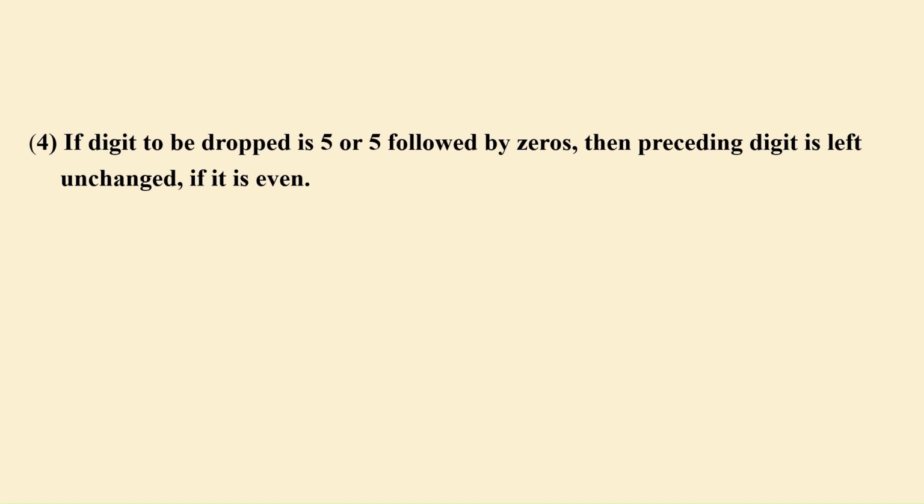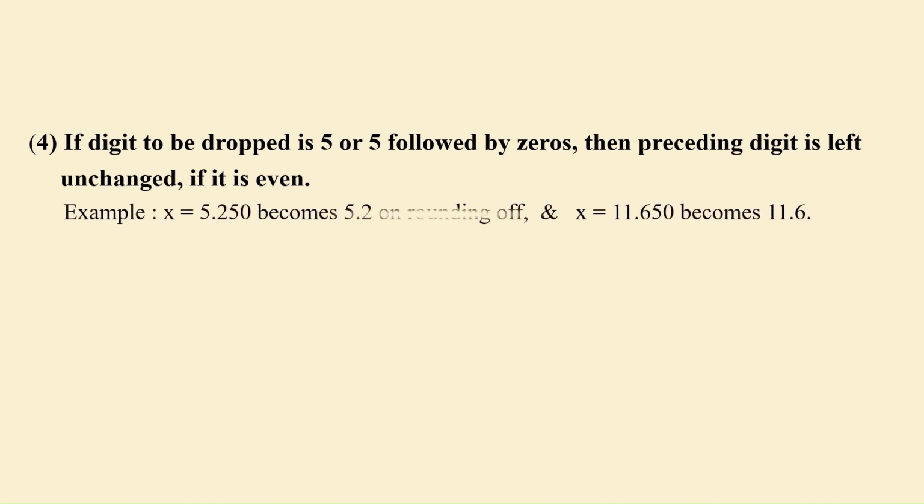If the digit to be dropped is 5 or 5 followed by zeros, then the preceding digit is left unchanged if it is even. Example, x is equal to 5.250 becomes 5.2 on rounding off, and x is equal to 11.650 becomes 11.6.